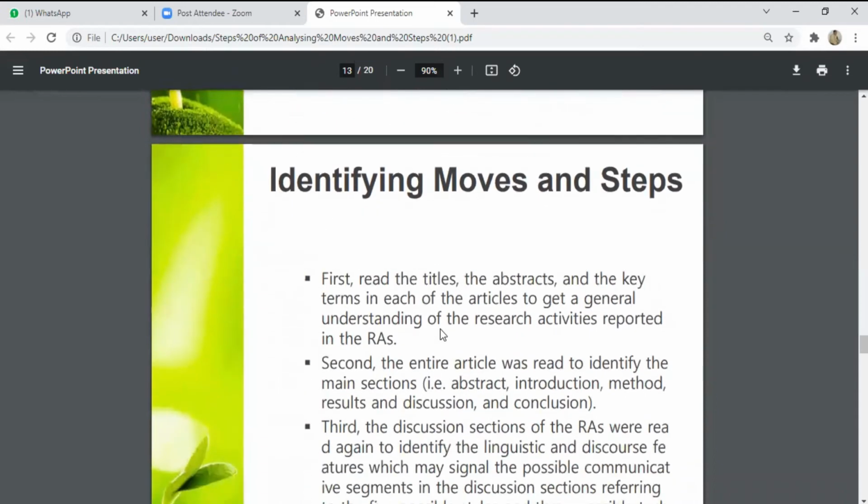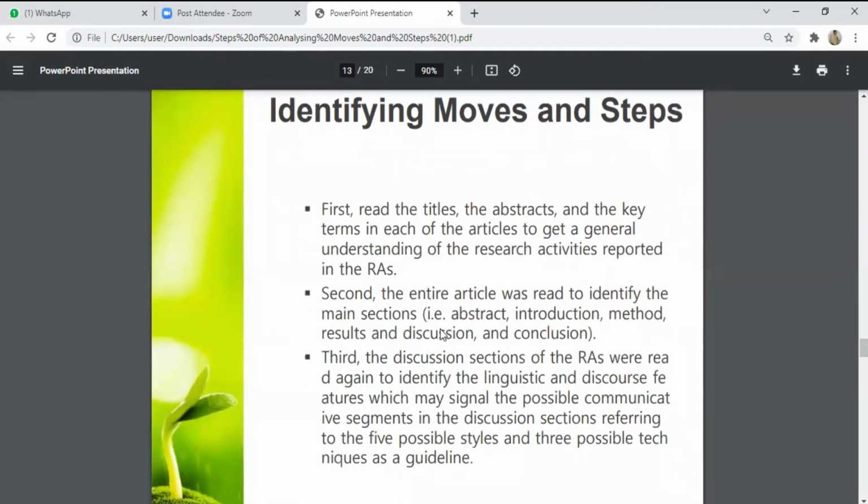Now, how to identify moves and steps? First, read the title. If it is articles, you have to read the titles, the abstracts, and the keywords in each of the articles to get a general understanding of the research article.